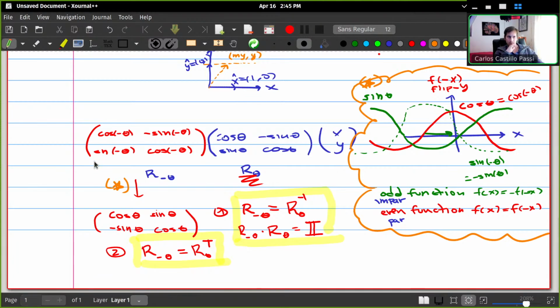Maybe if it always works for other functions and not only for the trigonometric functions. If properties 1 and 2 work for other odd and even functions. If this cosine is an even function and this sine is an odd function, it would have almost the same property, that minus theta equals the transpose.